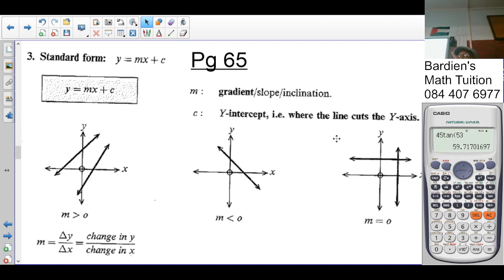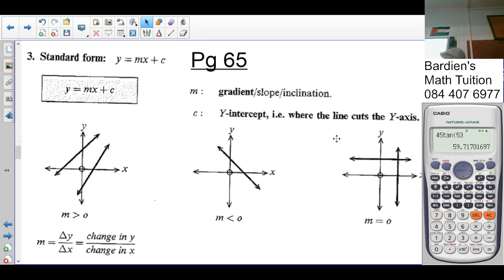Have you heard of angle of inclination yet? We'll speak again about that. C, what did we say c is? Your y-intercept. It's also where the line cuts the y-axis. So what's the x-intercept? The x-intercept must be calculated, but the y-intercept can just be read off from the equation.